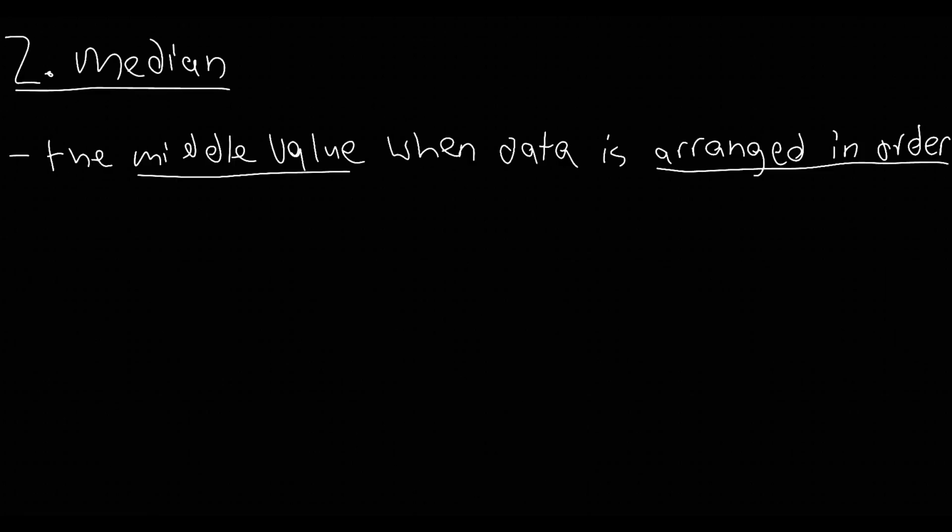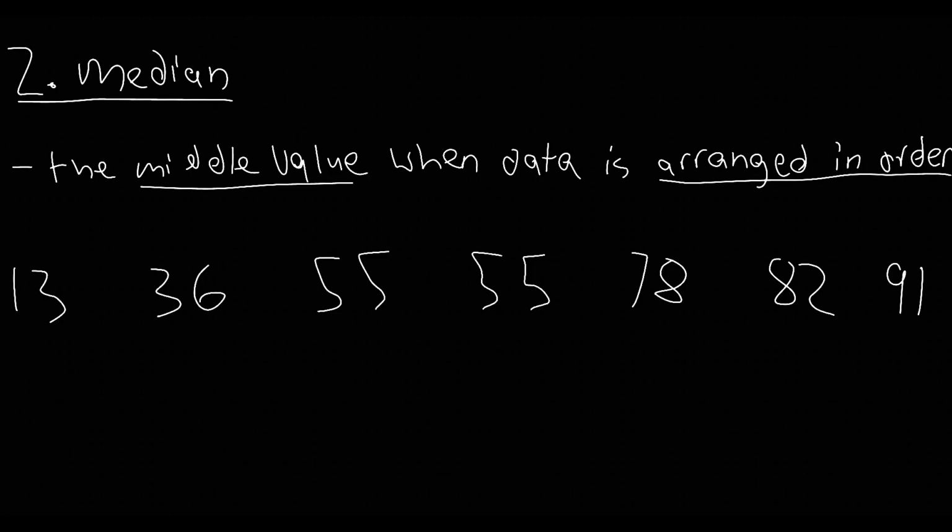My second type of average is called the median. The median is just the middle value when data is arranged in order. Again, this is why I'm telling you to write your datasets in numerical order. Now we can see that it helps with both the mode and the median. Coming back to my dataset, I have 7 values, and all I'm trying to find is which value is exactly in the middle.